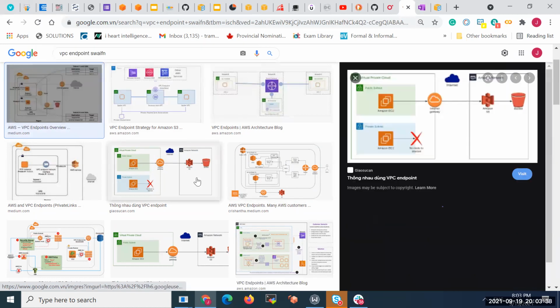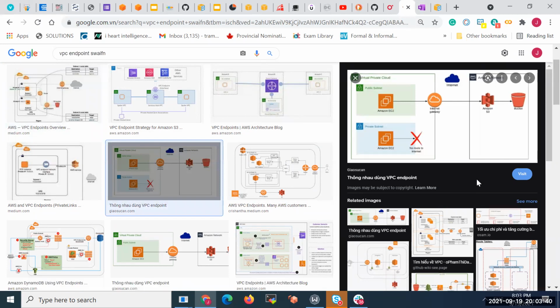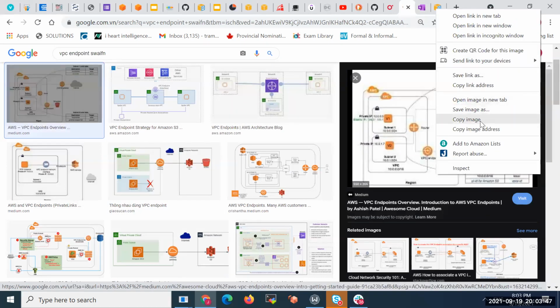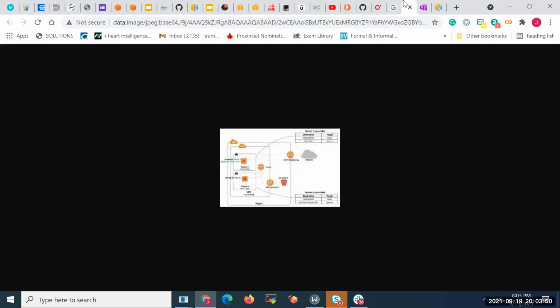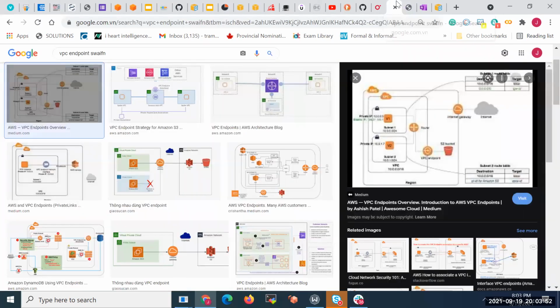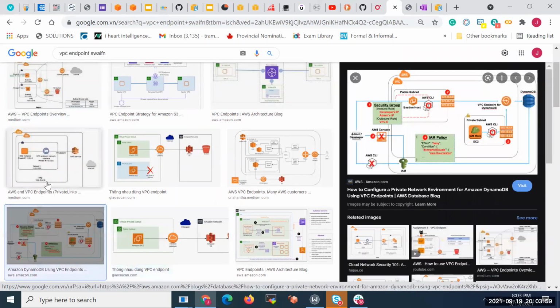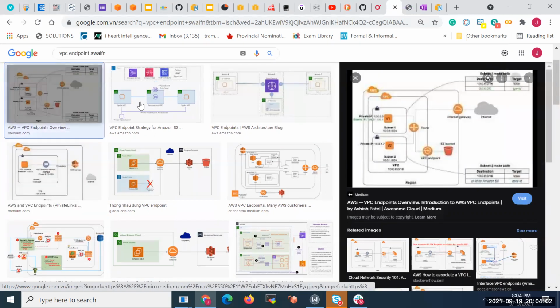Okay, let me find. Let me see if I can open. Oh, it's really small. Internet gateway. Okay, let me just use this. I don't have any better picture to show you, but remember this black, red dot over here. Can you see my pointer?